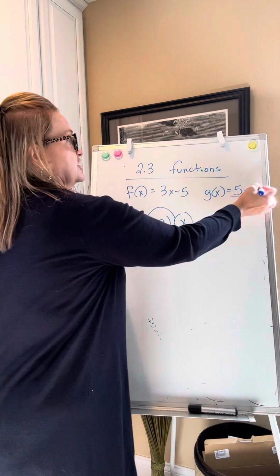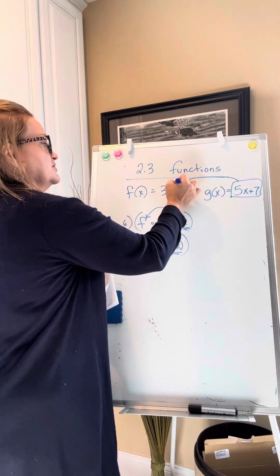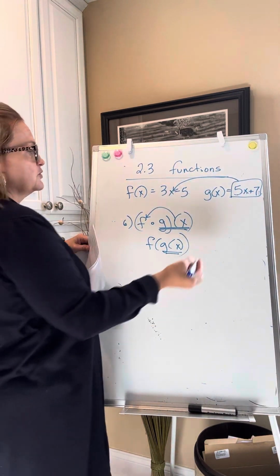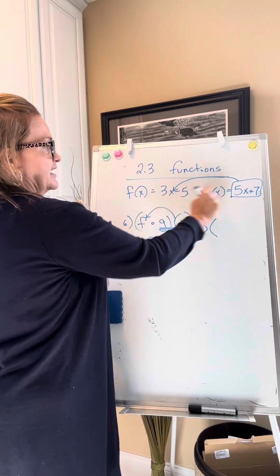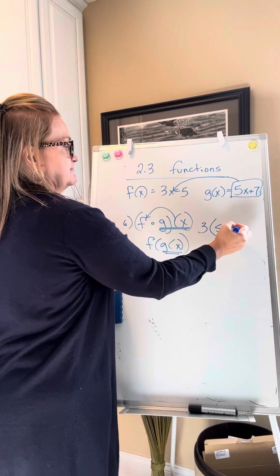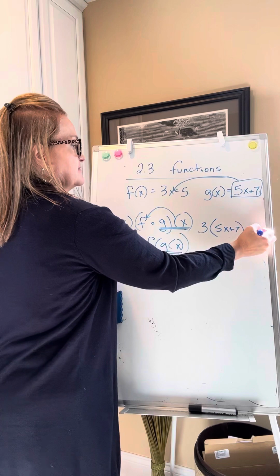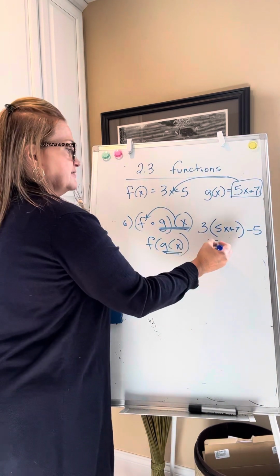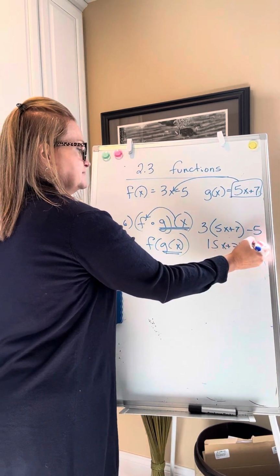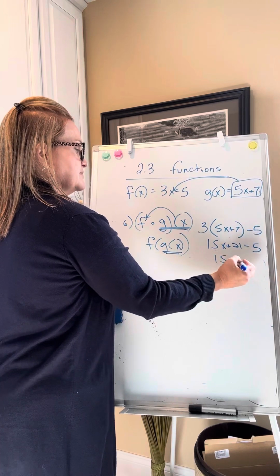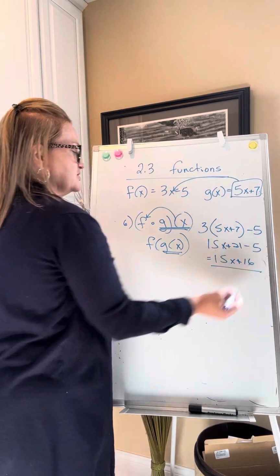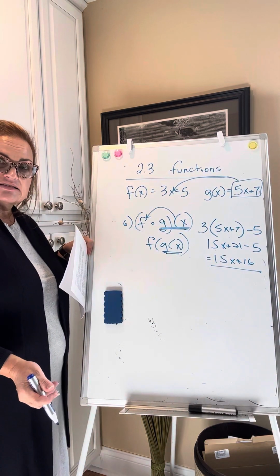So function g plugged in to the x or x values if there's more than one. Instead of that x, we write 5x plus 7 minus 5. And then simplify. 15x plus 21, which is 15x plus 16. And that would be your answer for f of g of x.